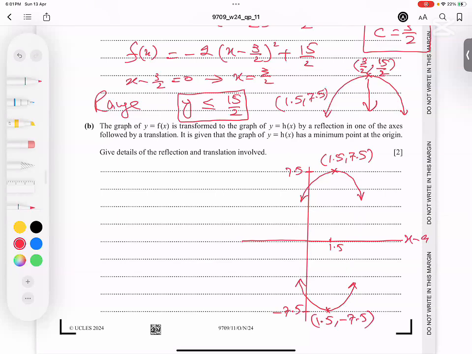But now he said translate until the minimum point of this curve must reach the origin. So look, I show you what I'm going to show. This graph should reach like that. Okay, so I will take a copy and I paste here.